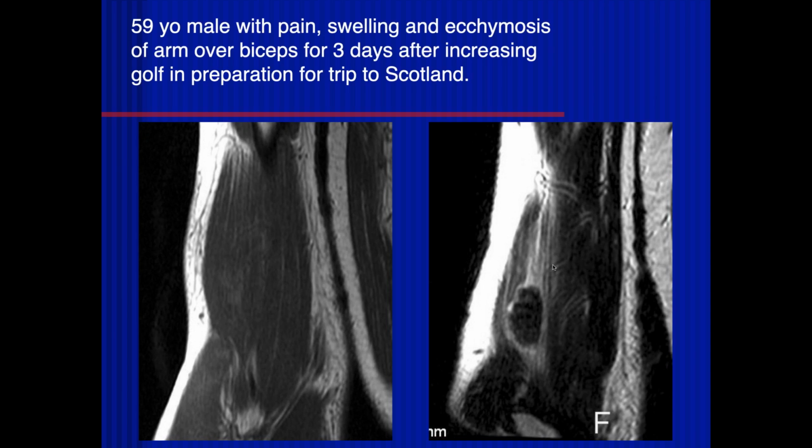All right, so we have a 59-year-old male with pain and swelling, bruising along the biceps for 3 days after increasing golf. I think here it looks like we're at the level of the forearm. I see what looks like retraction of either a tendon or muscle in the mid forearm.